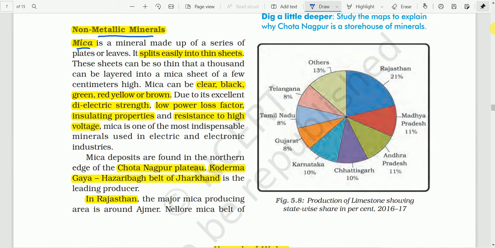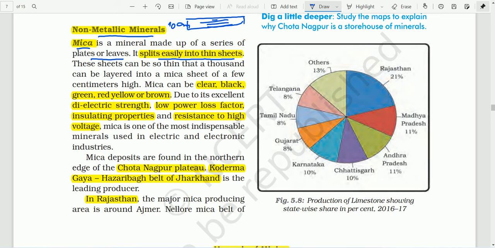Mica is a mineral made of a series of plates or leaves. I think I have shown the photograph. It is made up of a series of plates or leaves. It splits easily into thin sheets. Okay, so from a very thin sheet of mica, maybe say 10 centimeter, we can split many, hundreds of sheets can be split.